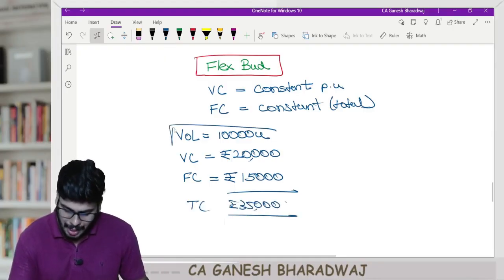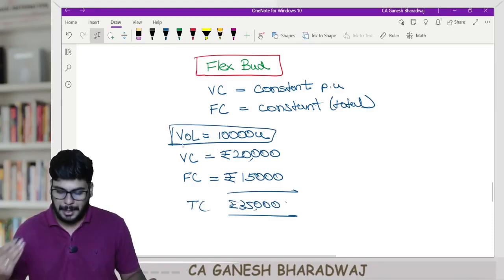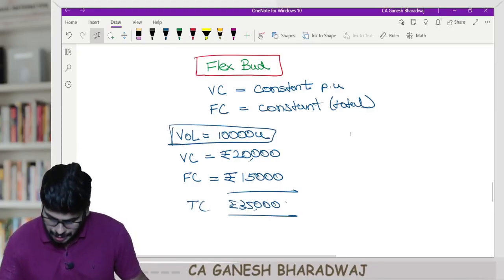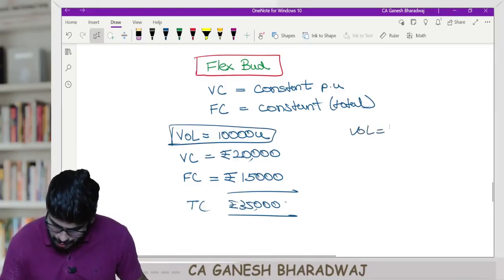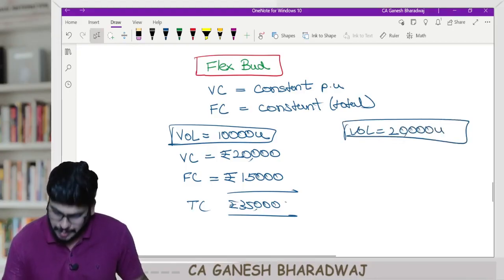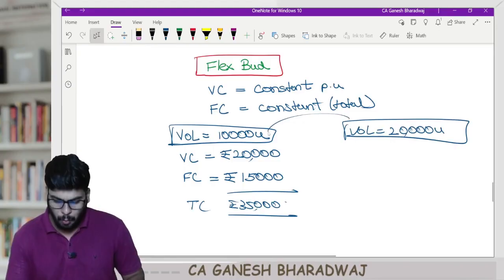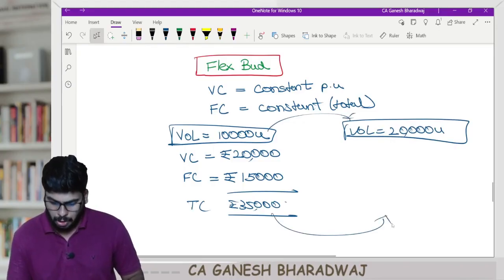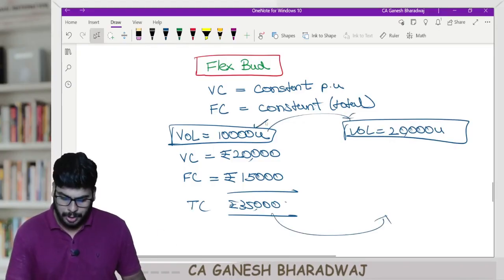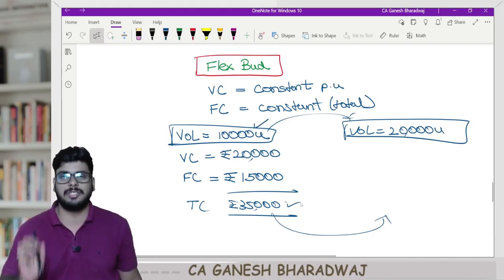Now they are asking you, prepare a budget when the volume is going to be 20,000 units. Now when the volume doubles, will my total cost also double? At 10,000 units level my cost is 35,000.